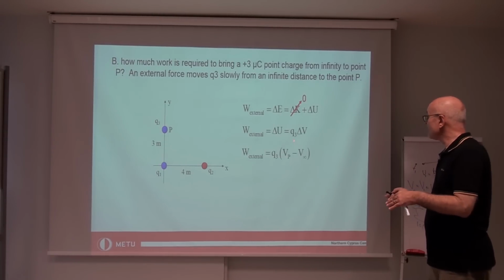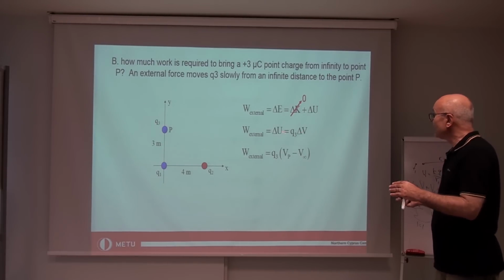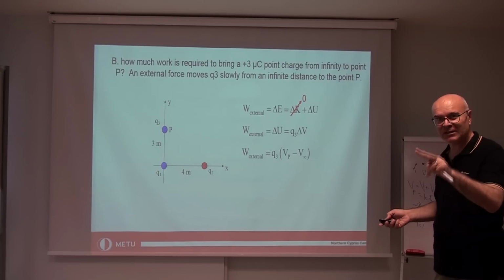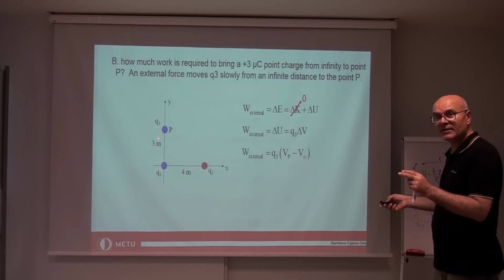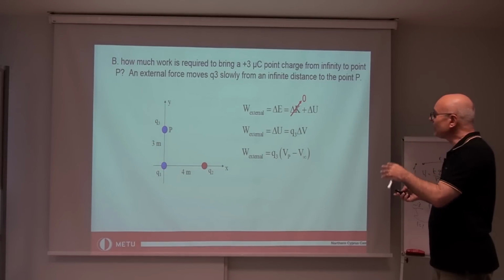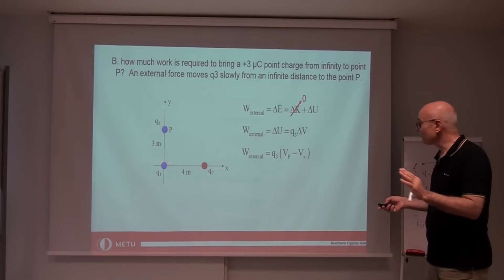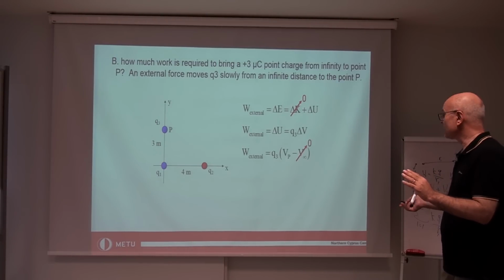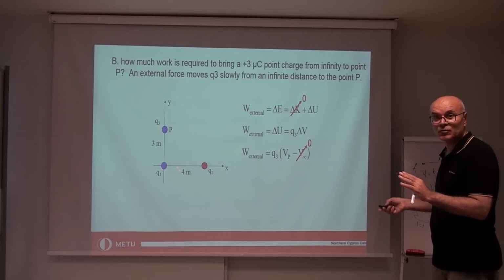And this is equal to Q3 times delta V. Delta V is the change in the potential between which 2 points? Your change in potential, you define it between 2 points. Well, the final point, which is P, and the initial point, which was at infinity, which is 0. So actually, it's Q3 multiplied by V at P. V due to what? V due to the remaining 2 point charges.